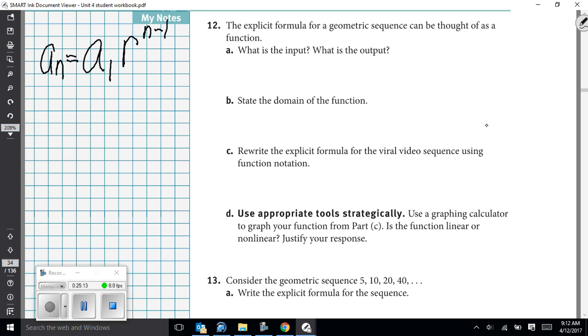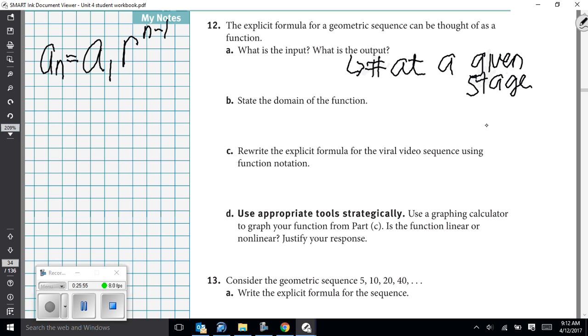And so when we do that, what are we getting out? Right, you're getting the number at that particular stage. So in order to set up the formula, you need to know the number at stage 1, and you need to know what your r value is.